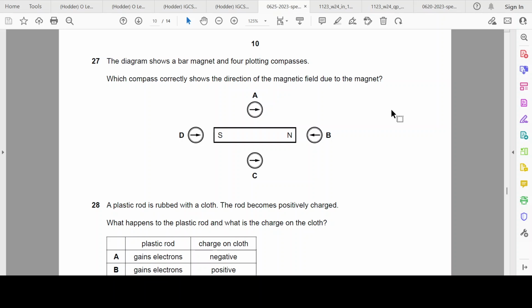B. No, like that arrow would be representing south now. See, the problem is that there is a magnet inside the compass.